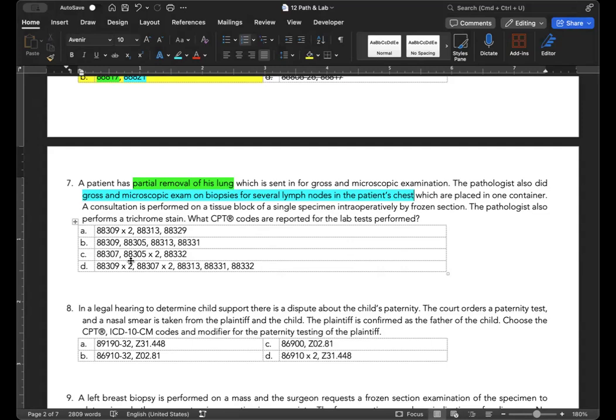So 88309, let's go down the list and look for lung. So the lung is going to be for a total lung, a lobe of a lung, or a segment resection.